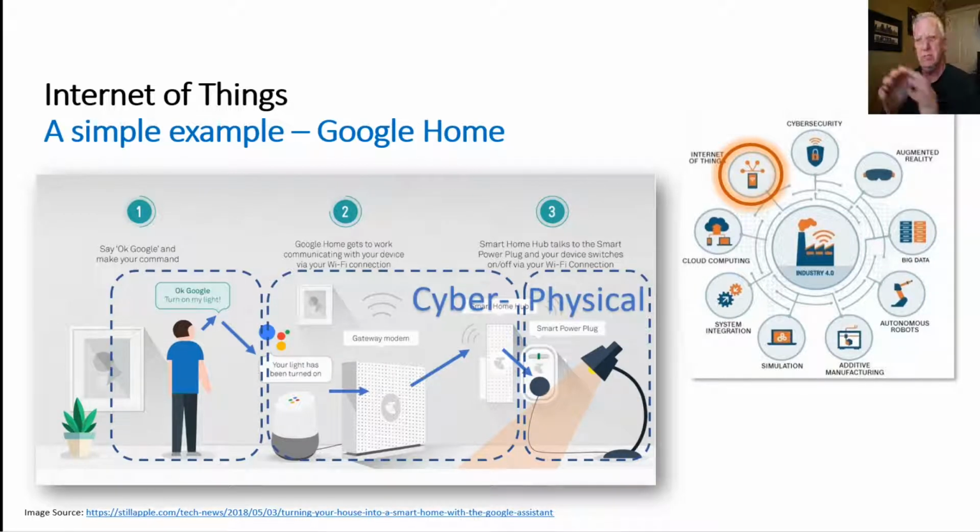So one of the things that's part of this Internet of Things, maybe a different way of describing it, is this idea of a cyber-physical system. So you have some sort of a physical thing, it could be a person or a thing, connects to the internet, which then connects back out to some other internet-connected device.